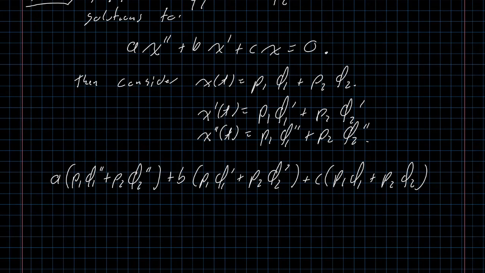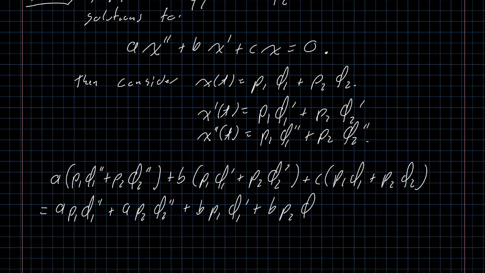Then we will distribute. So this is equal to a p1 phi1 double prime plus a p2 phi2 double prime plus b p1 phi1 prime plus b p2 phi2 prime plus c p1 phi1 prime plus c p2 phi2 prime.